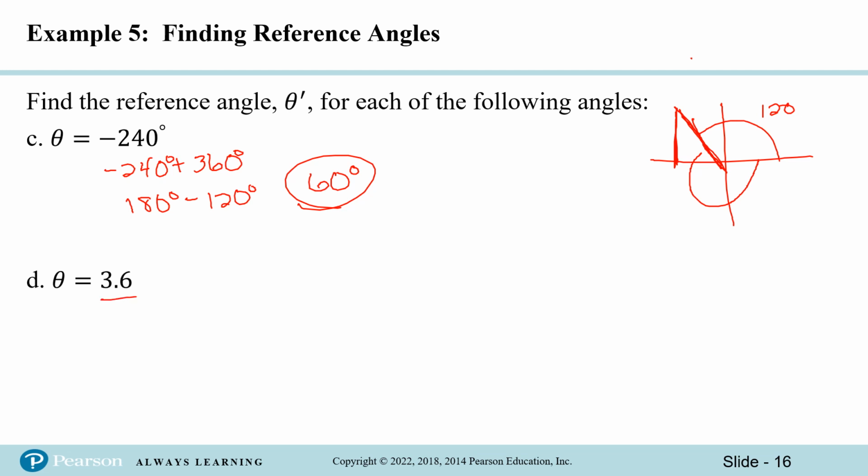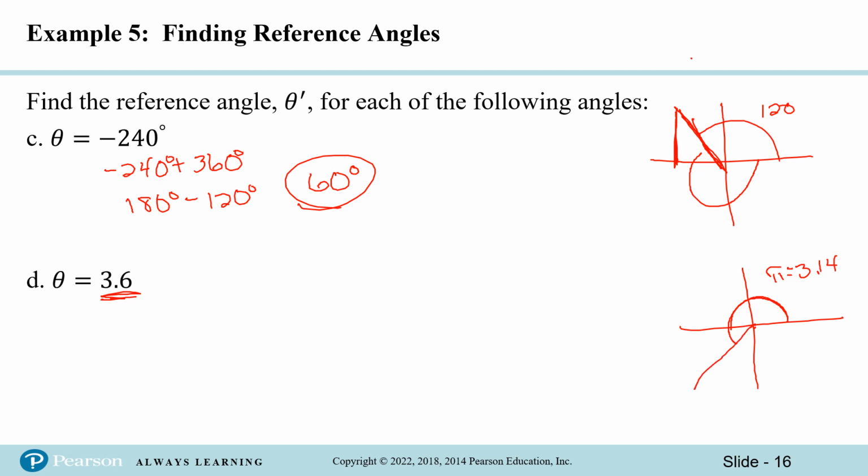So this is in radians. Yeah, when it doesn't have pi in it, it makes it a little bit trickier, but you know that halfway around is pi radians, right? Well, pi radians is 3.14 approximately. Okay, so this is 3.6. So it's a little bit beyond halfway.